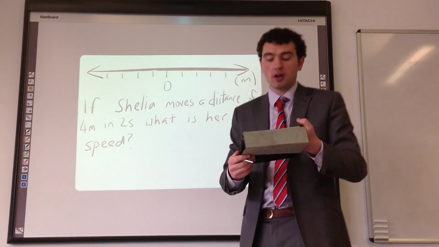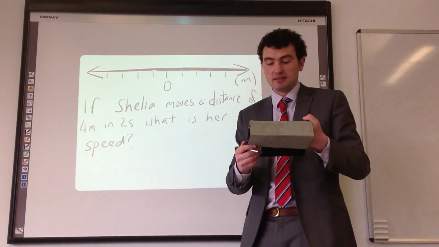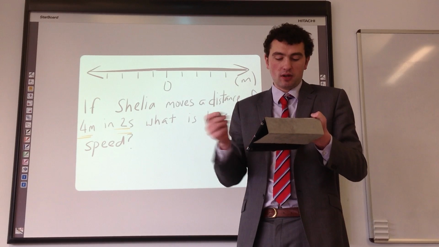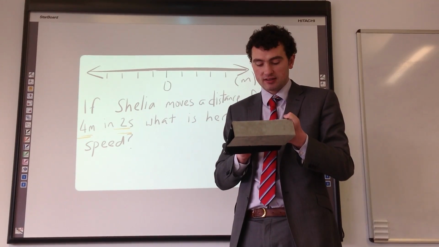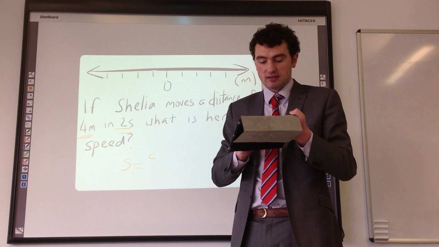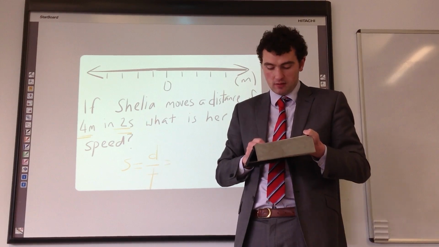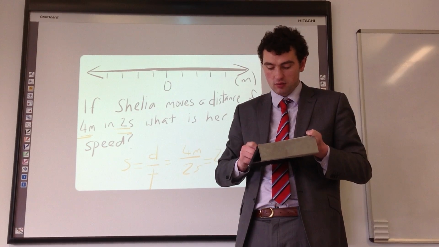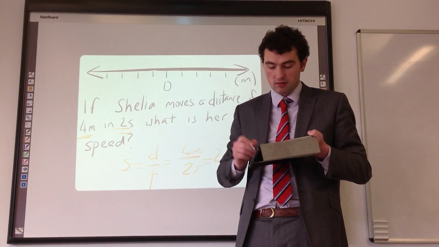Okay, so now if I come along to you and I say, okay, Sheila moves a distance of 4 metres in 2 seconds. What's her speed? Well, that's no problem at all. I just say speed equals distance over time, which is equal to 4 metres over 2 seconds. So the speed is going to be equal to 2 metres per second.